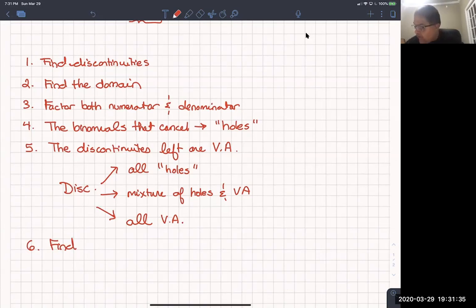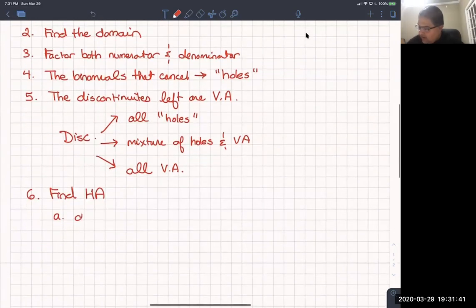To find the horizontal asymptote, remember, if the degree of the numerator is smaller than the denominator, or if the denominator is larger, then y equals 0, the x-axis, is my horizontal asymptote.